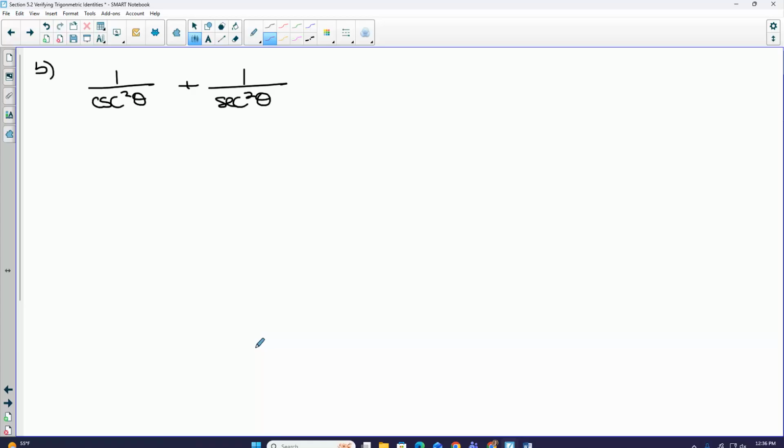Could I jump right in and get a common denominator? Sure. But we also don't want to make life harder than it has to be. Look at what I have. 1 over cosecant, what would that be? Sine, and it was squared, so it's just sine squared theta.